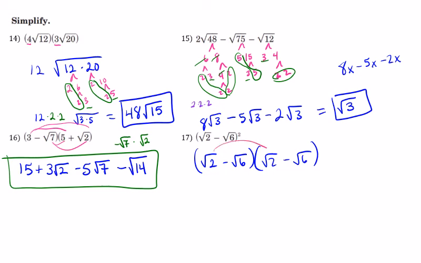All right, so here we go. So we're going to multiply root 2 times root 2, which is square root of 4. And square root of 4 equals 2, right? So remember, when we multiply a square root by itself, we just get the radicand. And so root 2 times root 2 is just 2. So then we have root 2 times negative root 6, which is negative root 12.